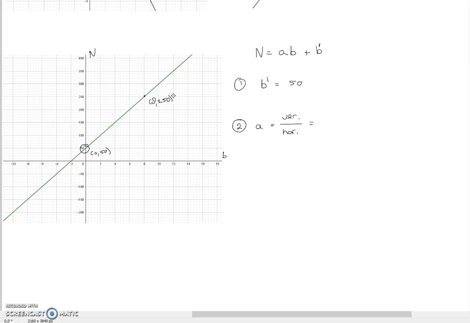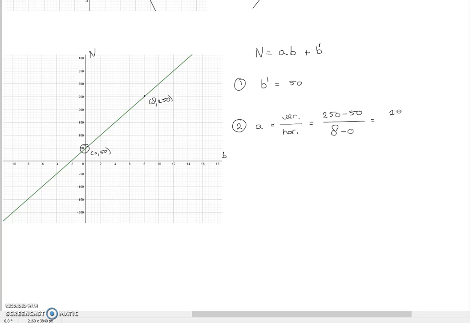So the vertical distance is 250 minus 50, and I can just write that down like this. And the horizontal distance is a little easier because we start at 0 and we go to 8, but let's write down 8 minus 0 to be specific.